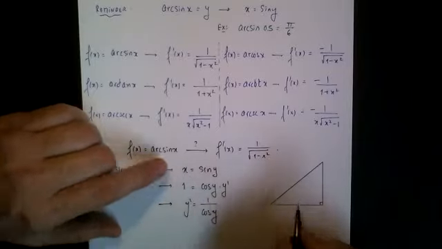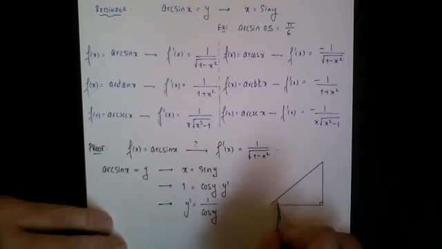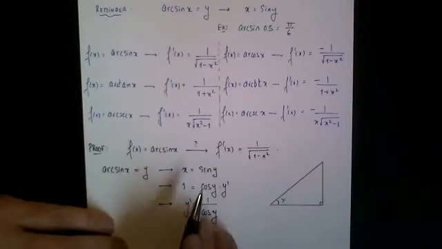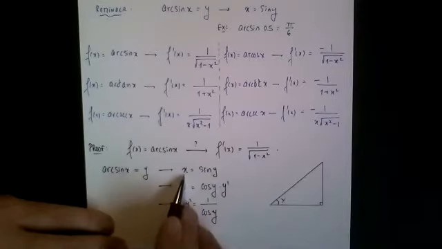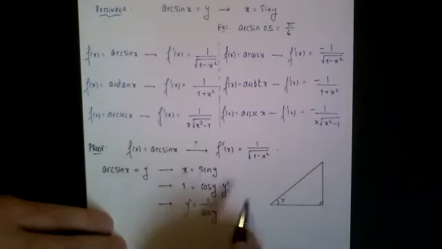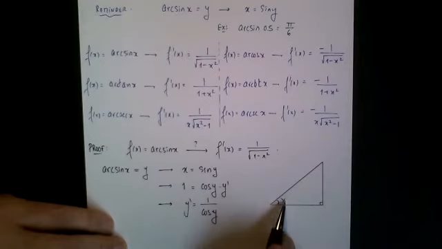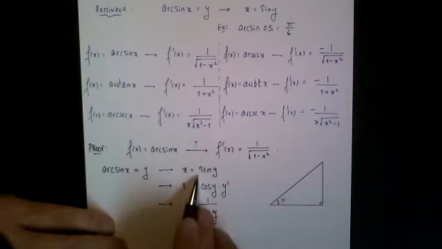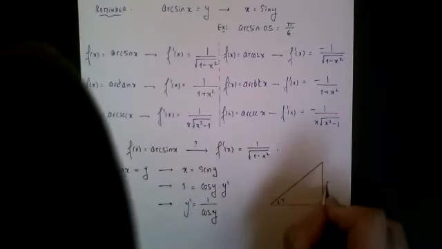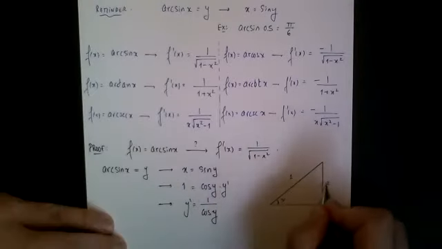What does that mean? It means that in this triangle, if this angle here is y, the sine of this angle has to be x, or x over 1. And the sine, as you know, is opposite over hypotenuse. So in this triangle, I would have an x here and a 1 here.